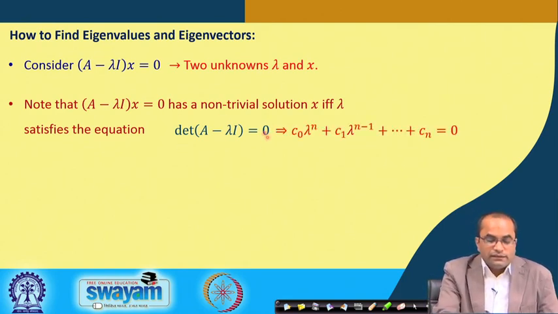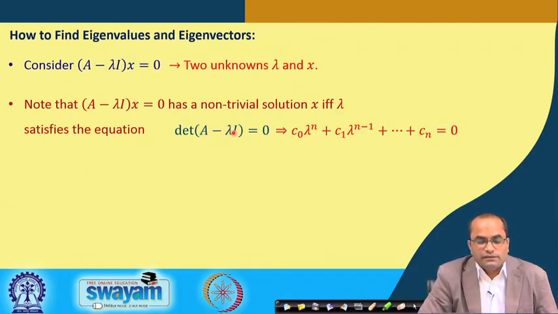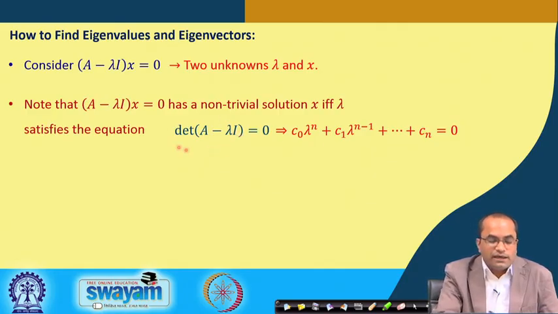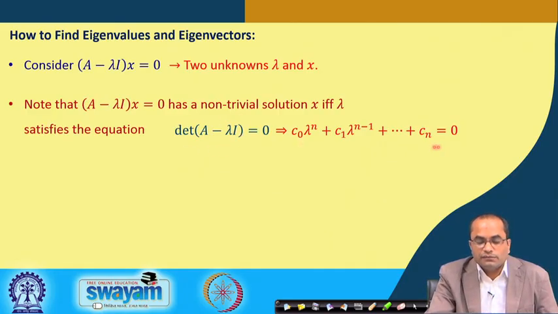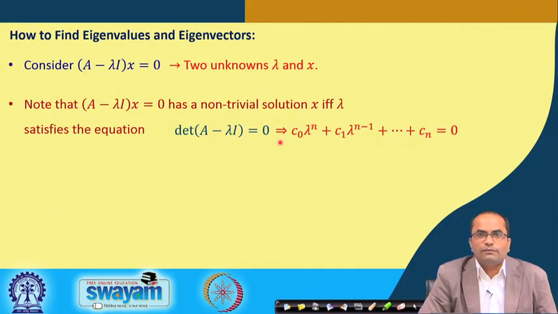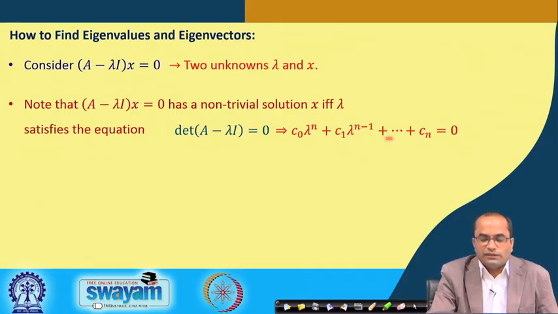When we expand this determinant, lambda is the unknown, A is a given matrix and I is the identity matrix. The determinant is nothing but a polynomial equation, C 0 lambda power n plus C 1 lambda power n minus 1 and so on, up to C n. These are the coefficients, and they are naturally given when A is given.